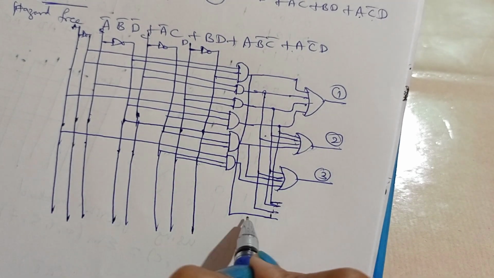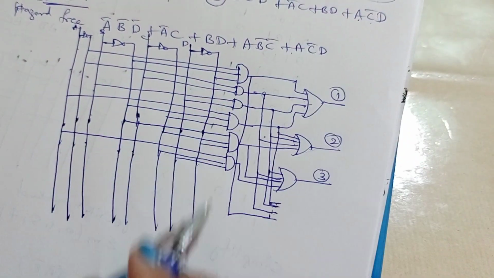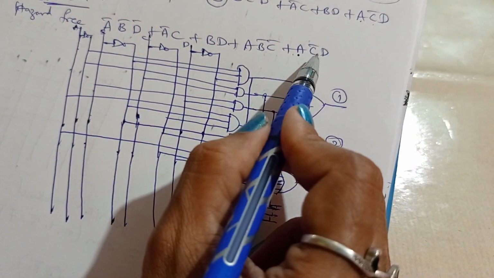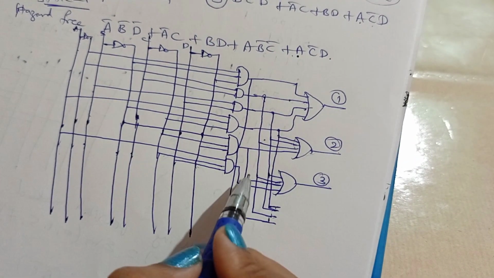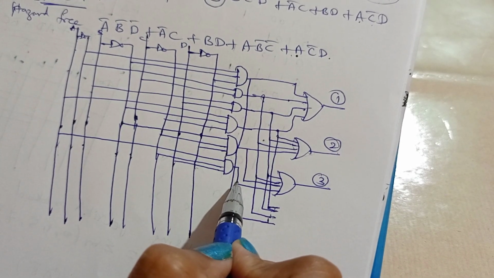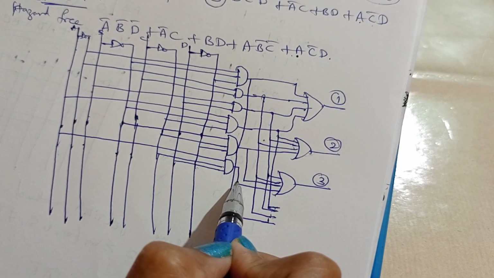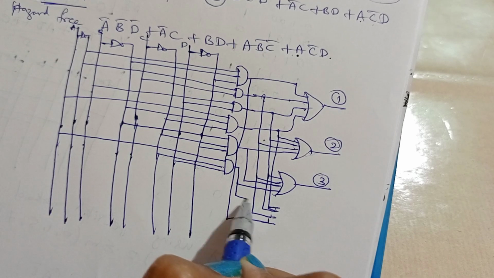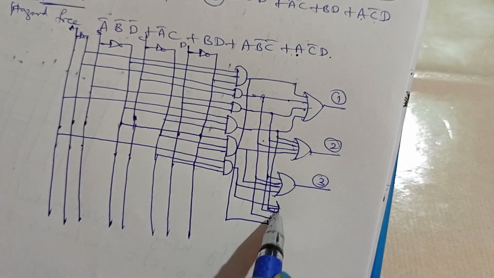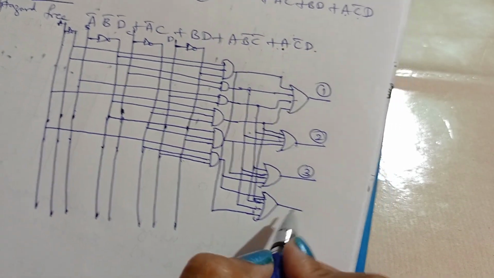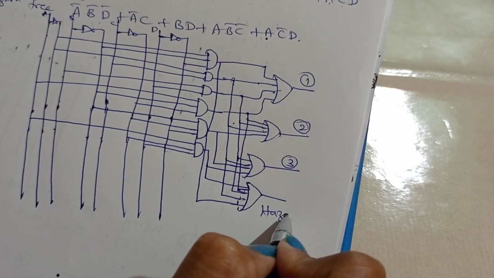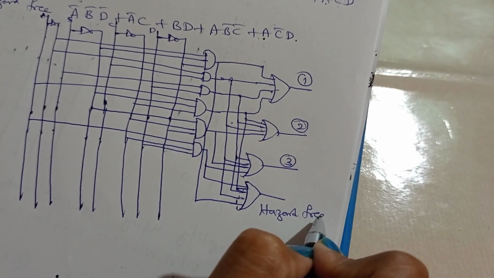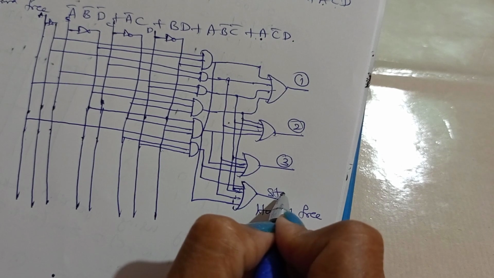One more term is included, that is A C bar D. Include this. This is the hazard free, static one hazard free.